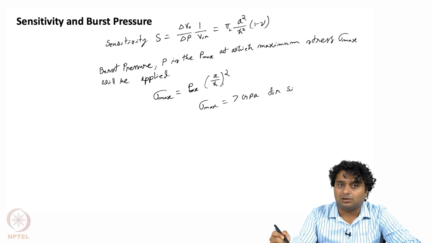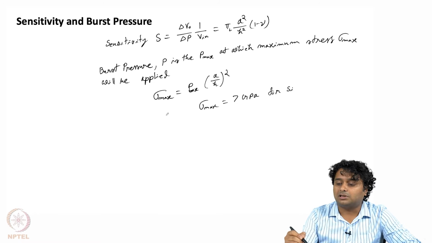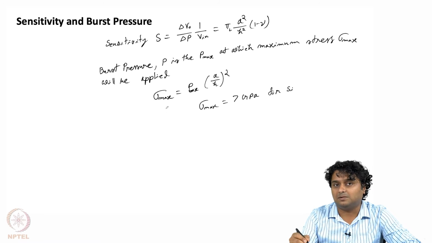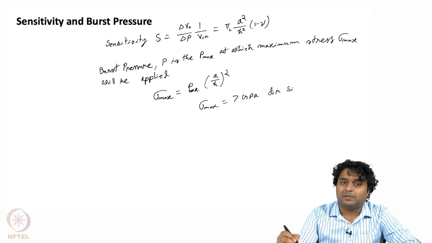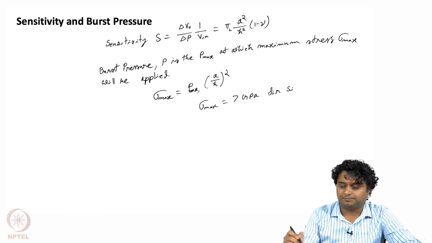Okay, so it is not a constant term for a material. Constant is sigma max, like what is the maximum stress it can withstand, but even if the sigma is constant, different silicon membranes can be of different size. Like one membrane can be of 10 micron with 1 micron thickness, another membrane can be like 100 micron with 1 micron thickness, and in both the cases the maximum capability of withstanding the pressure will be different.